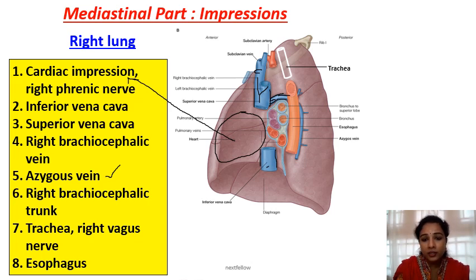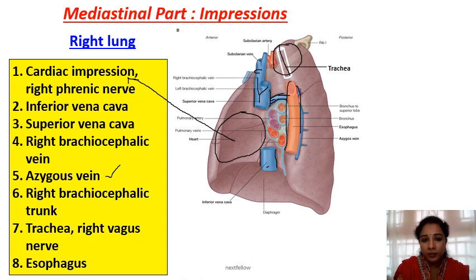Here we can see near the apex the trachea is related, which bifurcates, and then the right vagus along with the trachea, so the nerve along with it is the right vagus. We can also see this muscular organ, the esophagus, which makes a groove called the esophageal groove, lying just posterior to the hilum.